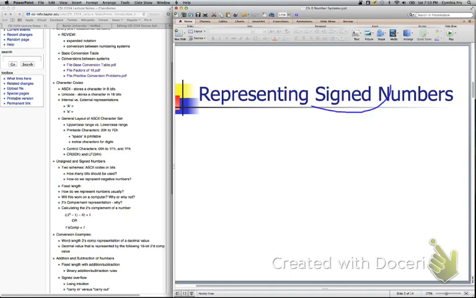Anytime we talk about signed numbers, I have to tell you two things. I have to tell you what format we're using, either signed magnitude or 2's complement, which is the format we're going to be talking about for the rest of this lecture and next lecture as well, video lecture anyway. And I have to tell you the length, the fixed length.